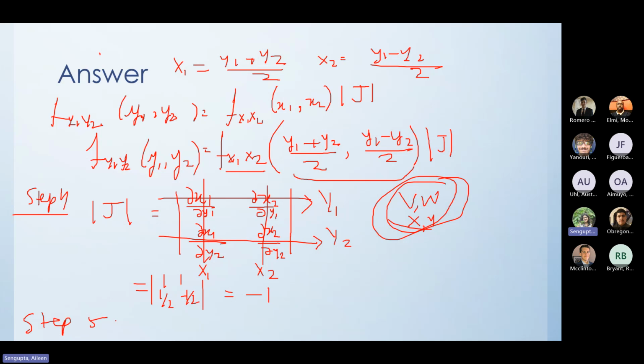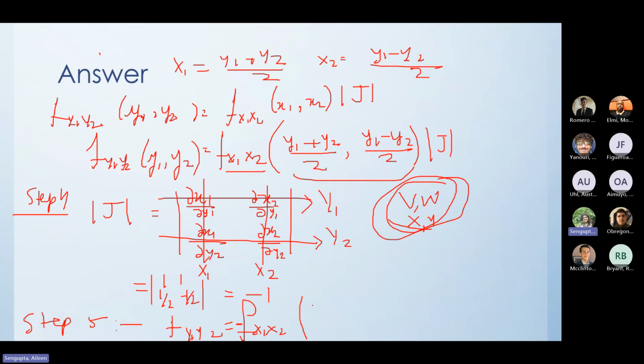Step 5 is basically just put back the expression saying that f of y1, y2 is f of x1, x2 multiplied by the Jacobian determinant.